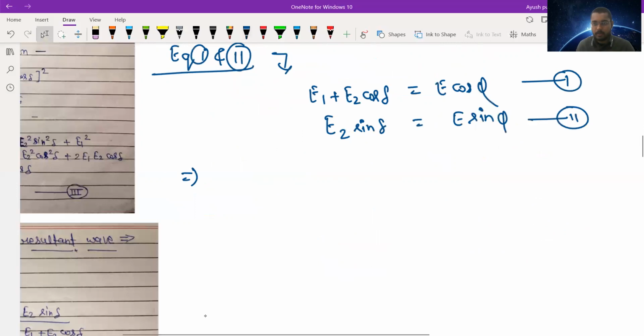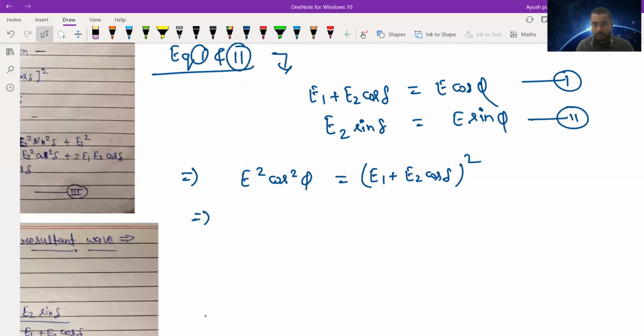So equation 1 will become E square cos square phi is equal to E1 plus E2 cos delta whole square, and equation second will become E square sin square phi is equal to E2 square sin square delta, right?